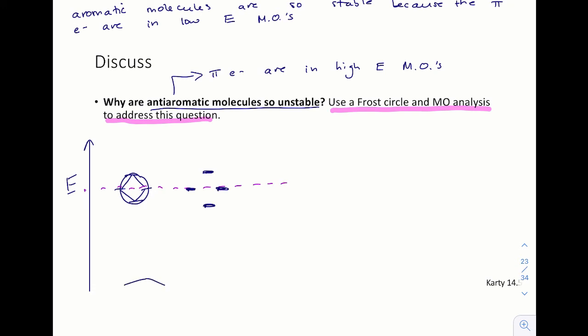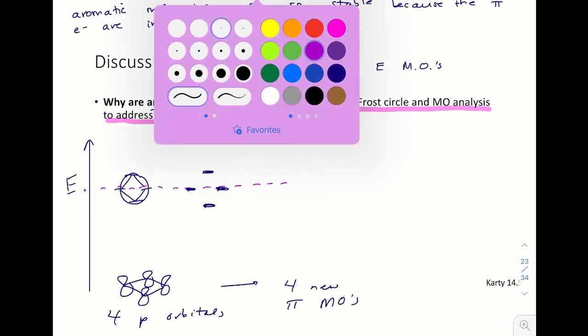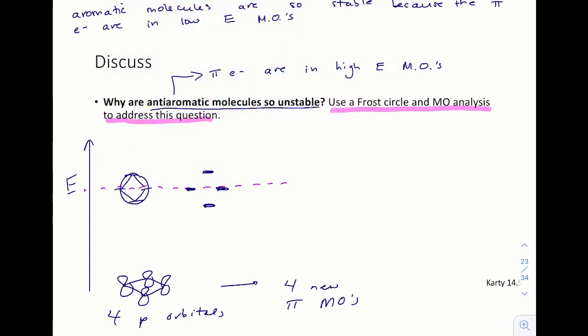So when the 4 p orbitals of cyclobutadiene combine to make 4 new pi molecular orbitals in this fully cyclic system, the lowest energy orbital is a bonding orbital. Then there are 2 degenerate non-bonding orbitals, and the highest energy orbital is an anti-bonding orbital. It's higher energy than a starting p orbital.